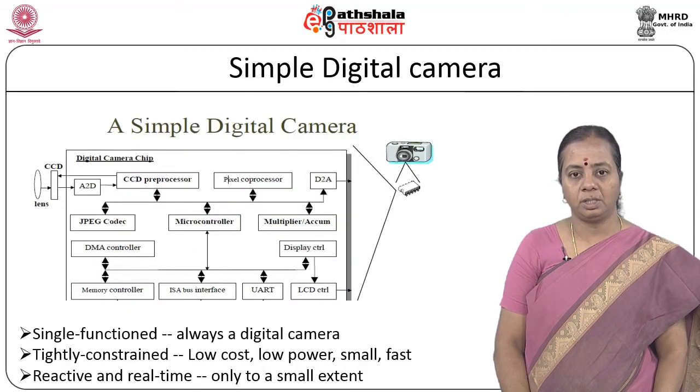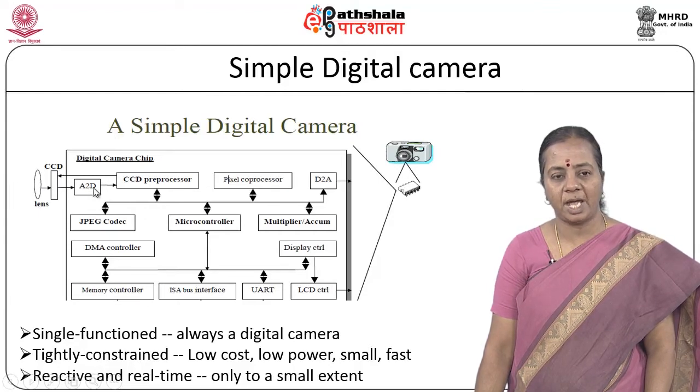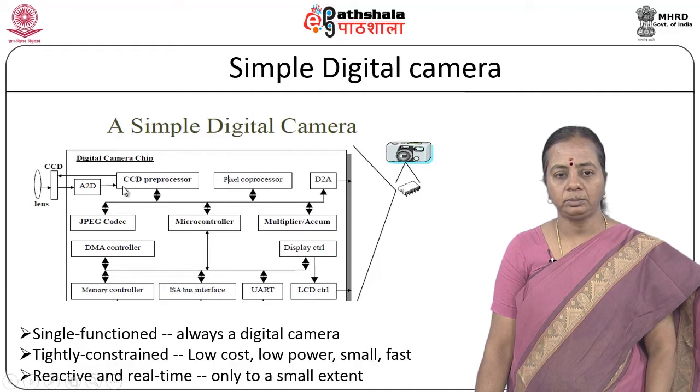This shows the general picture of a digital camera. We have a lens, and whatever picture it captures falls onto the CCD. CCD stands for charge coupled device, and from the CCD the data goes towards the analog to digital converter. It converts the data recorded through the CCD arrays, is pre-processed by the CCD preprocessor, and comes to the microcontroller.